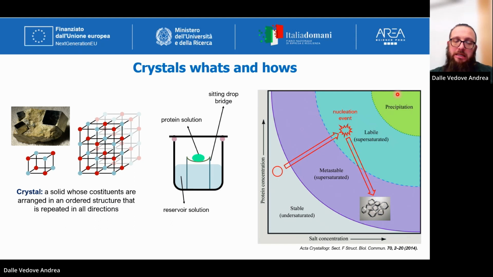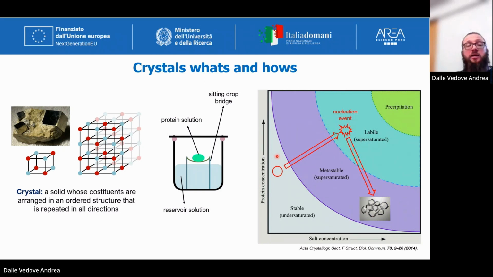If the conditions are too diluted, we might never join the blue-green area here where we can have a nucleation event, and so we will never have crystals since we do not reach that state.